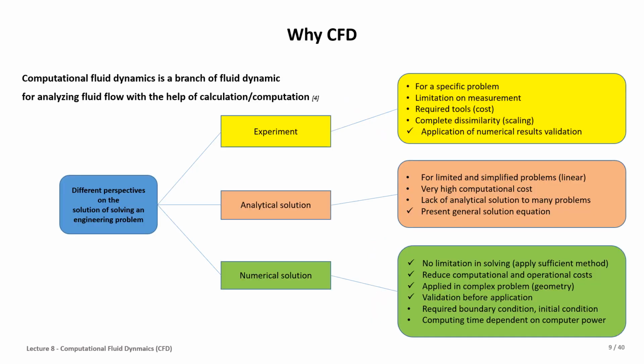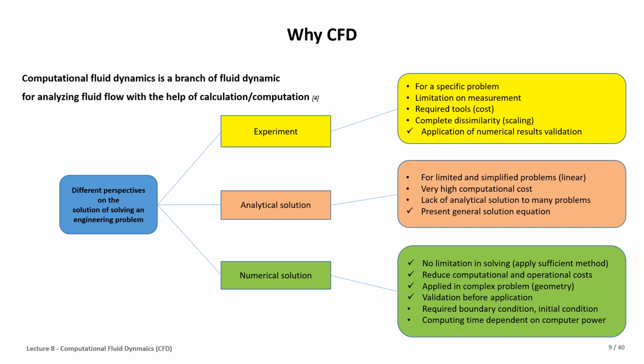But why are we using computational fluid dynamics, or CFD? When we are dealing with a fluid dynamics problem, there are three different approaches: experiment, analytical or theoretical solution, and numerical solution. Numerical solution is related to computational fluid dynamics.